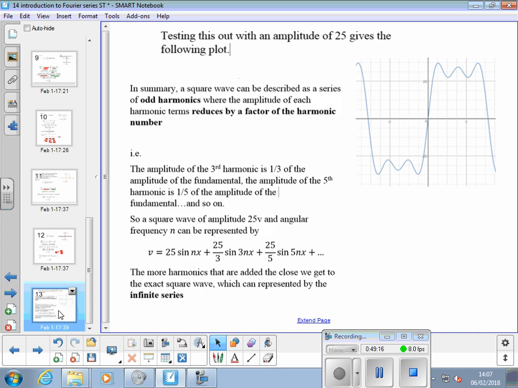Because we're saying that square wave is made up of these harmonic frequencies. We could have an issue if these are unwanted harmonics and we end up with a series resonance situation in a circuit. We're going to look more seriously at that in the next session.